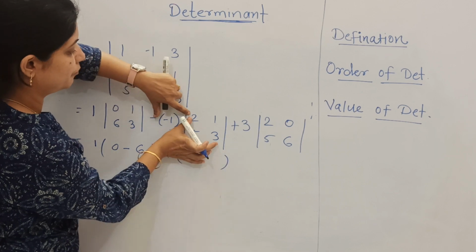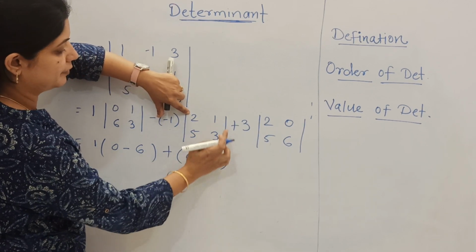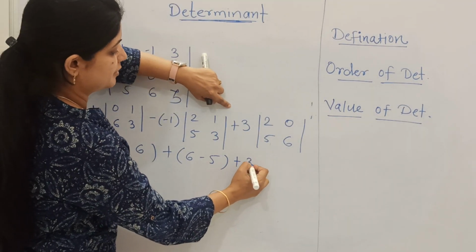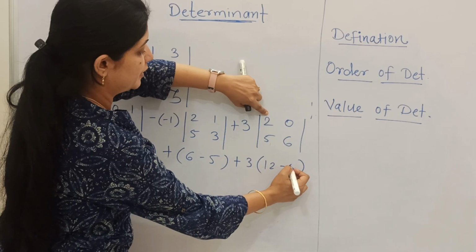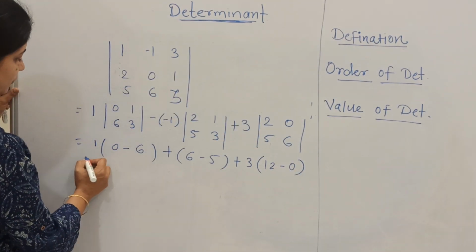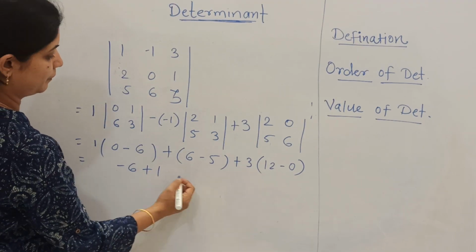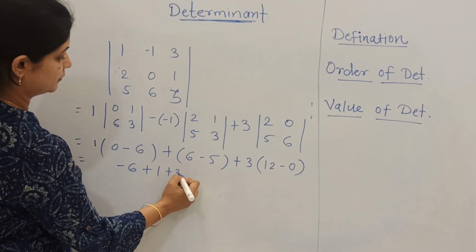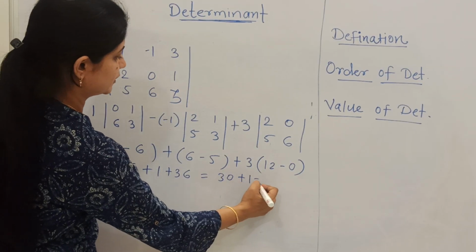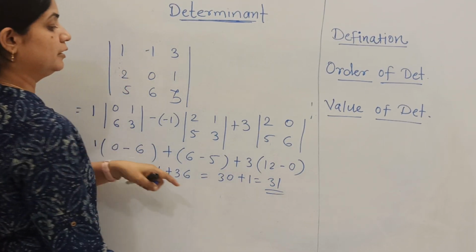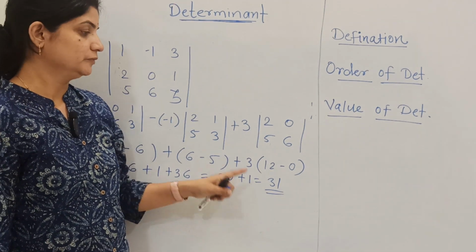Now the product of main diagonal elements is 6 minus the product of non-diagonal elements, 5 into 1 is 5, plus 3 times the product of main diagonal elements 12 minus 5 into 0 is 0. So it is again minus 6 plus 1 plus 36. So it would be 30 plus 1, that is 31. So this is the value of the third order determinant.